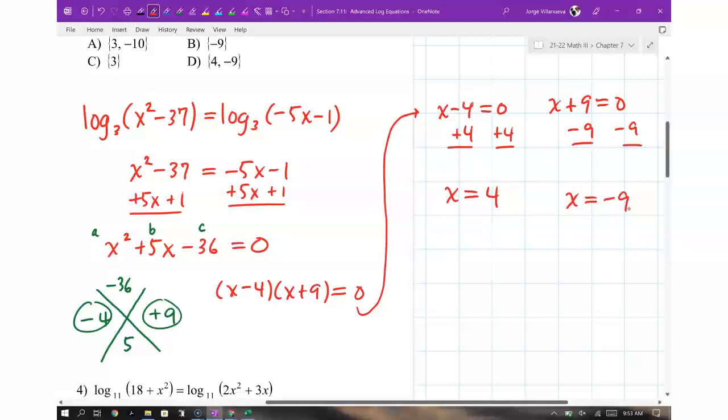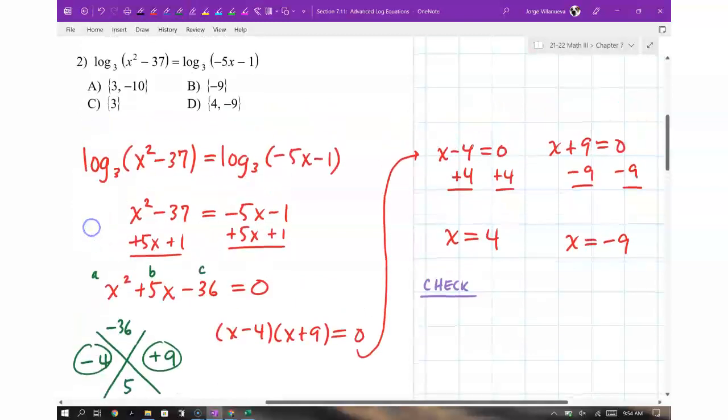Now, remember what I told you guys about logs and natural logs. You have to check to make sure that your answer does not result in a negative value inside. So I got to check both answers here. Okay? Again, I know that's annoying, but it is part of it, because maybe it's not both that are our solutions here.